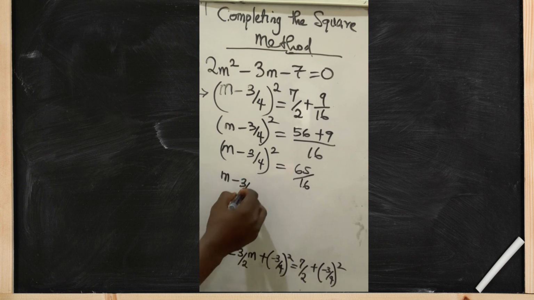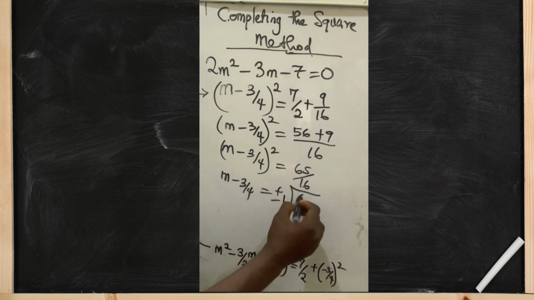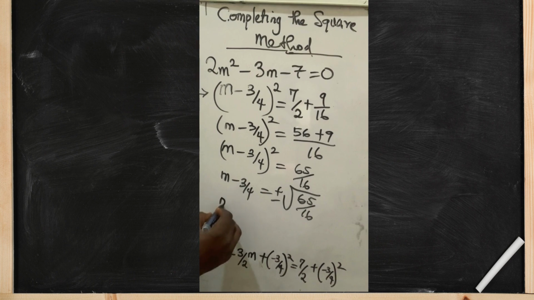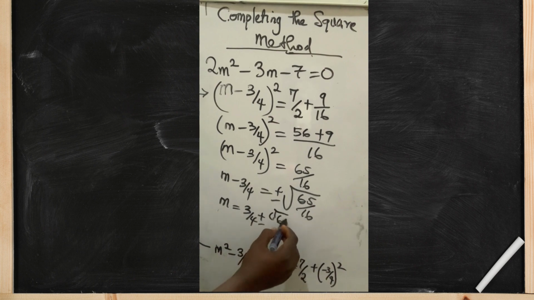Then m minus 3 over 4 will now be equals to plus or minus root 65 over 16. Then with this, we're having m equals 3 over 4 plus or minus root 65 over 4.